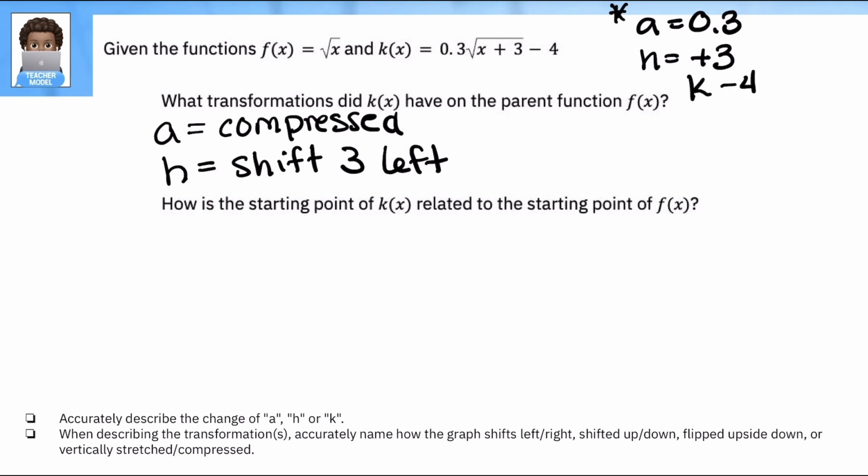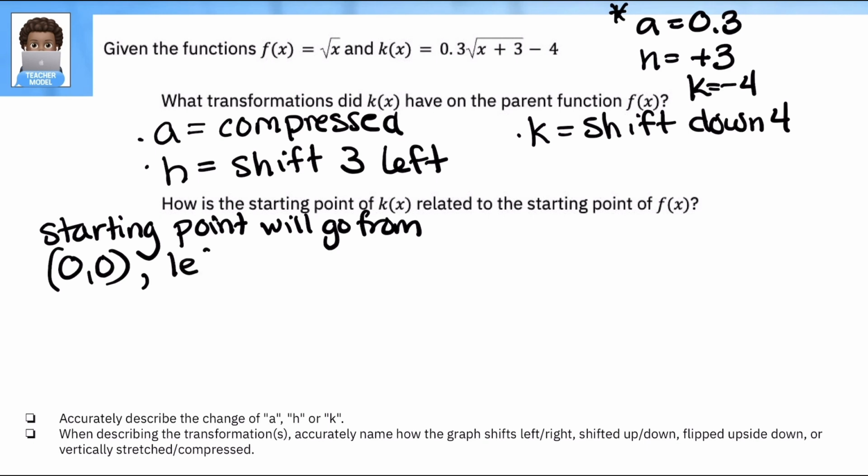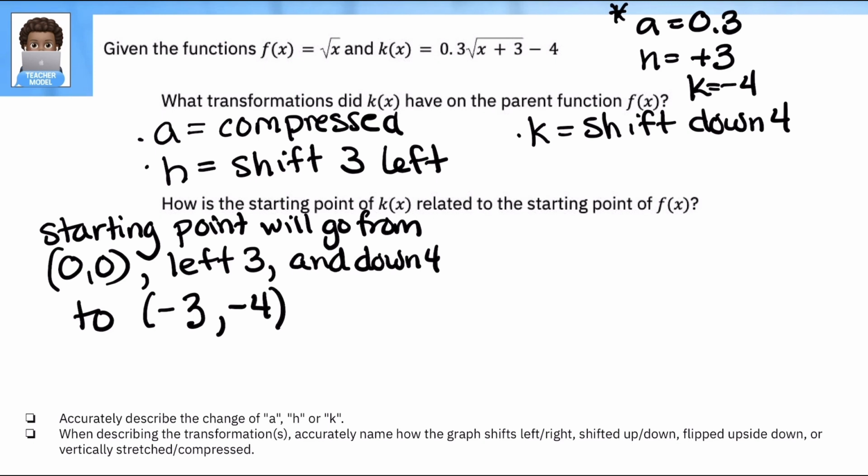And our k has a negative 4, so because of our k, we're going to shift down 4. Given that shift, our starting point will go from (0, 0), left 3, and down 4 to (-3, -4).